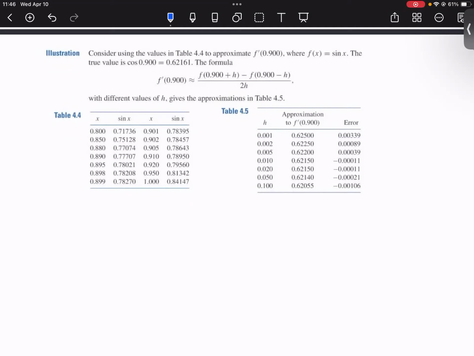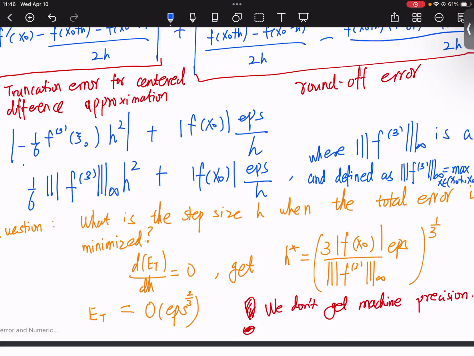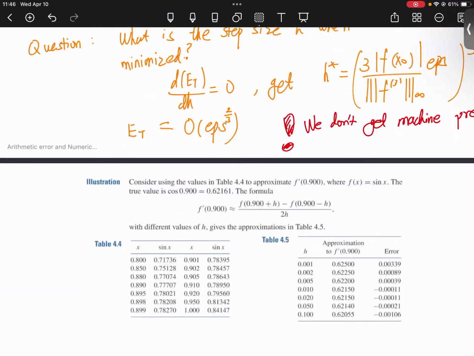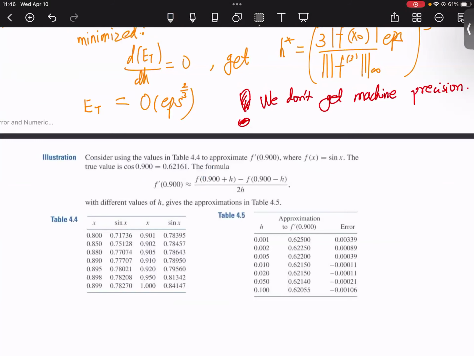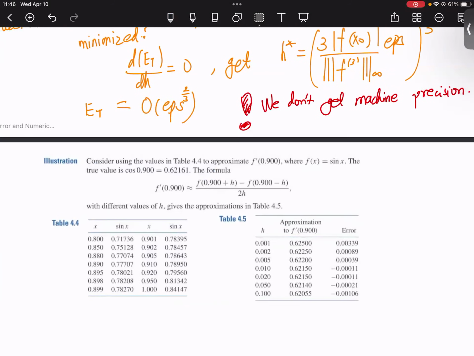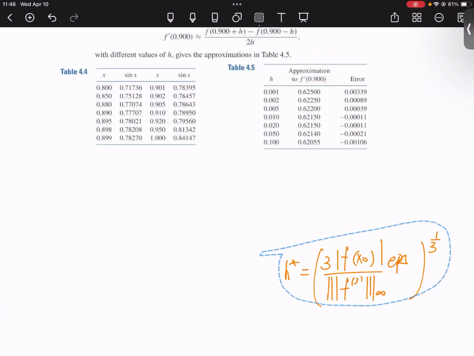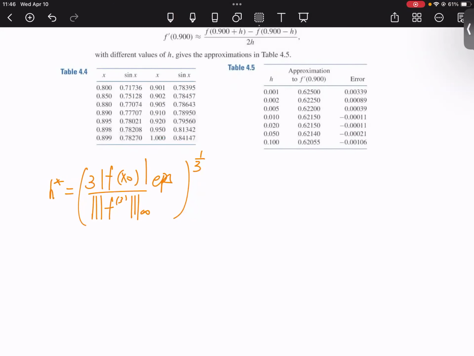And let's calculate that approximate optimal h by the formula given here. I'm just copying these things. This is the formula we get from the calculation. I just give the calculation of the critical point there, but you can do your work after the class. So this is the optimal h.